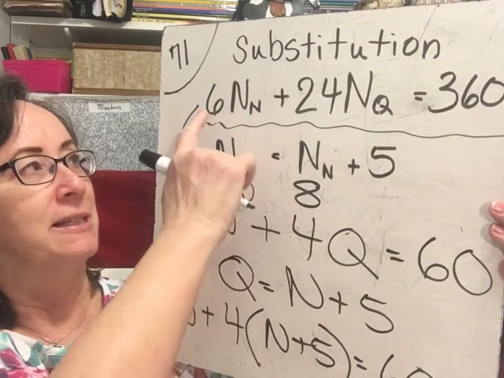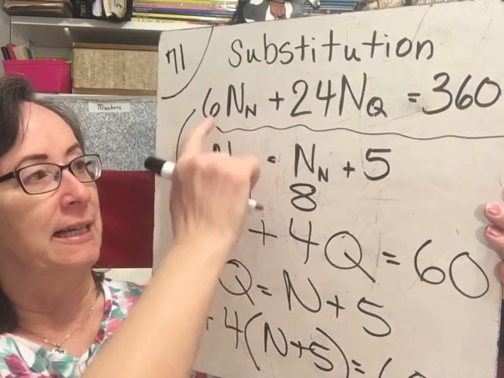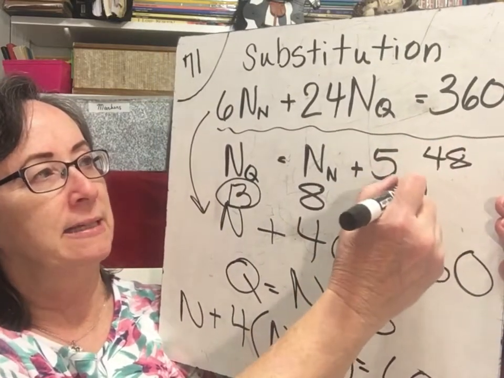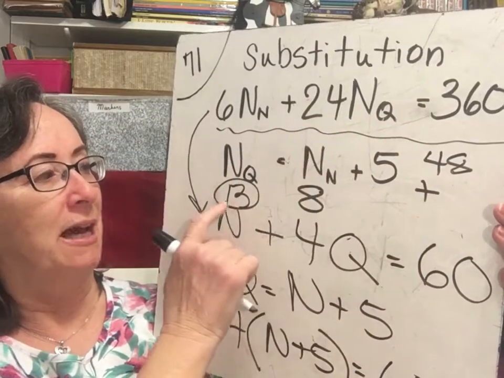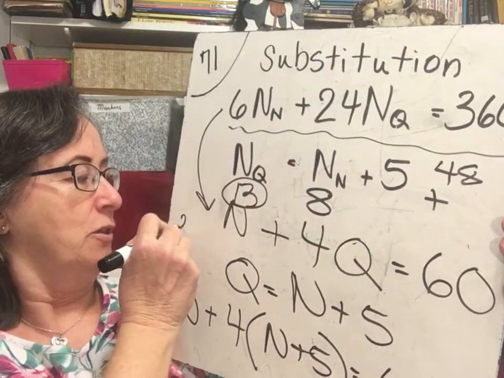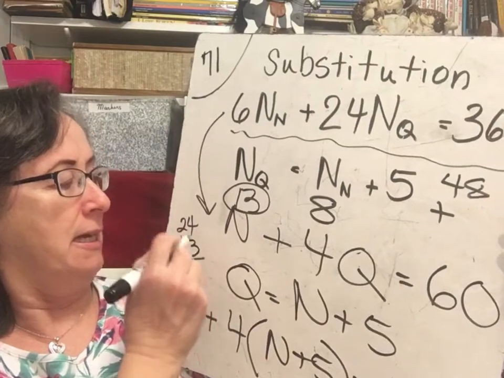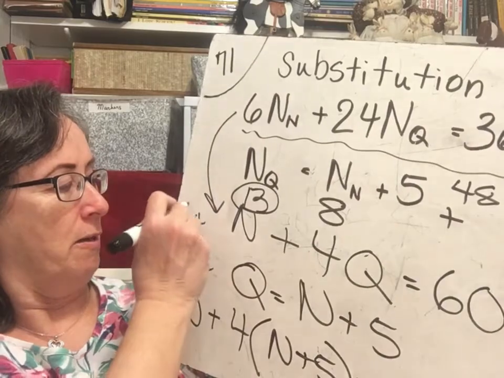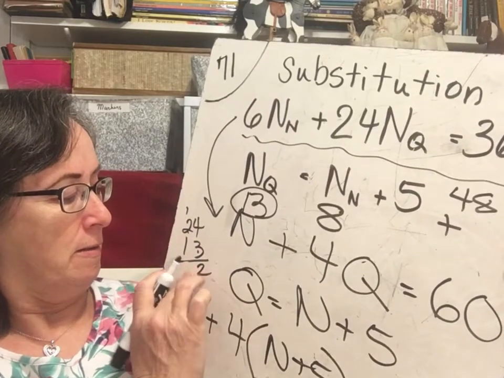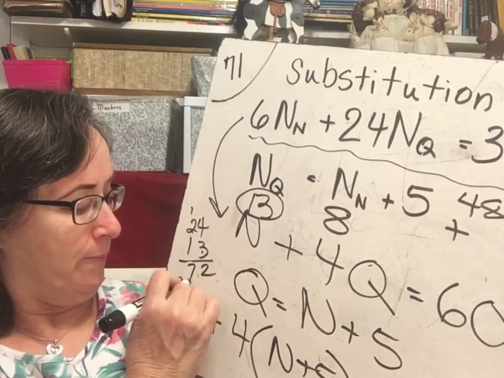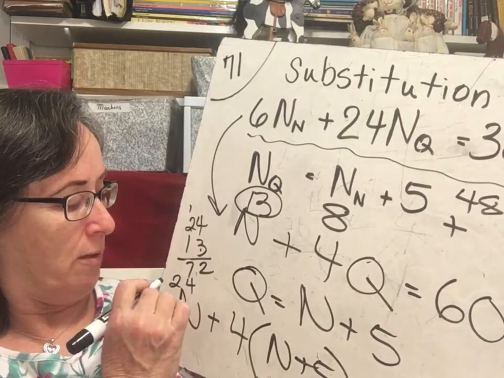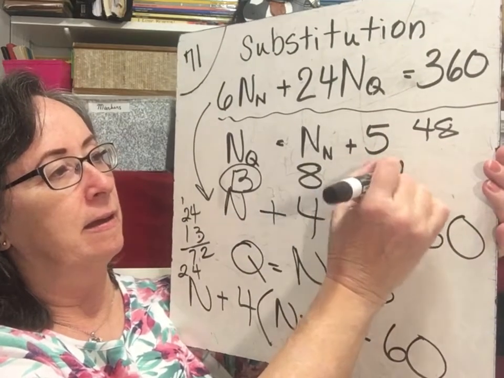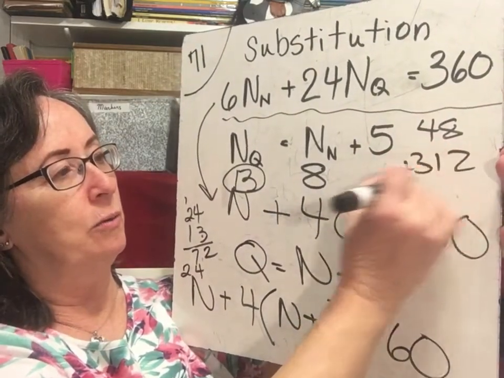Okay, so 6 times the number of nickels, 6 times 8 is 48, plus 24 times 13. 24 times 13 is 72 plus 240, so we'll add 312.